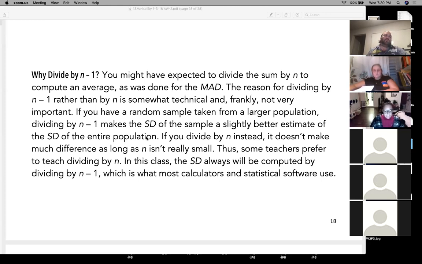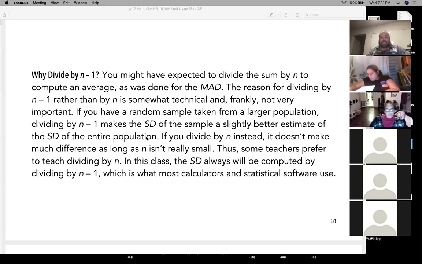So suppose you take a sample of everyone at CSUN, and you use that sample to approximate the average height of every American. If I take the average of that sample to estimate the average height of every American, do you think that would be a pretty good approximation?